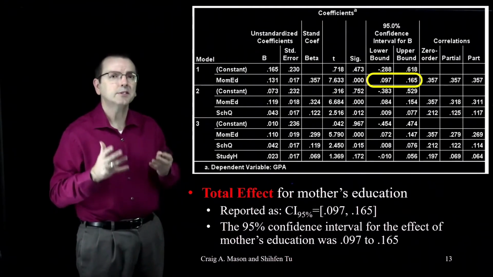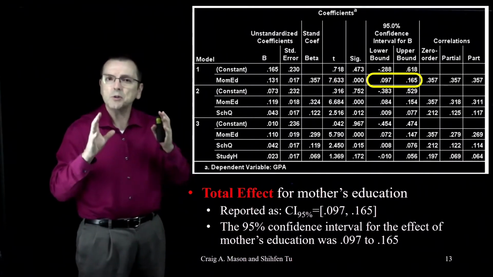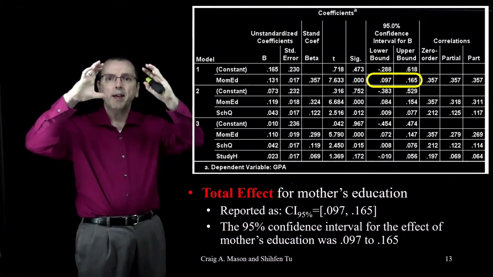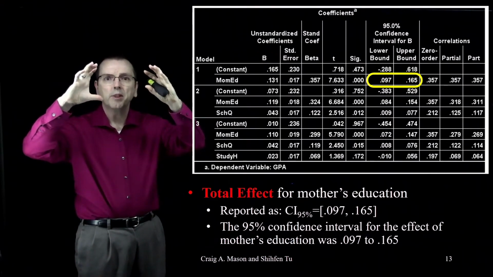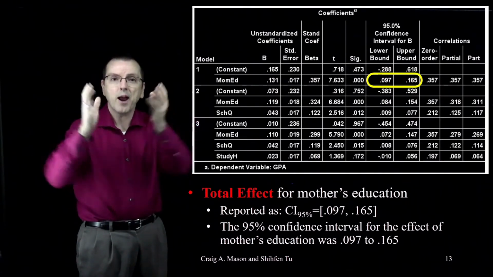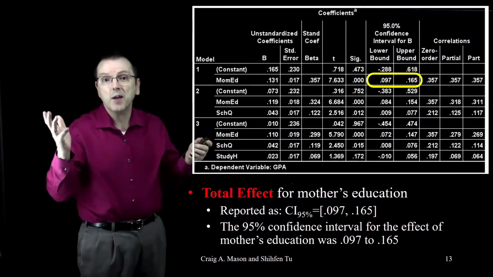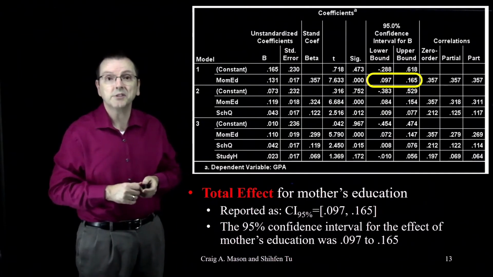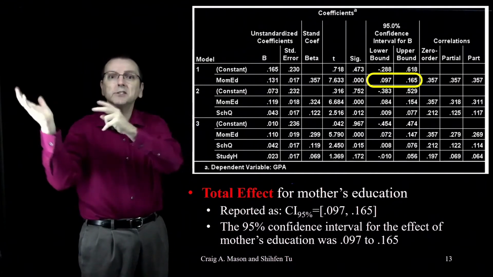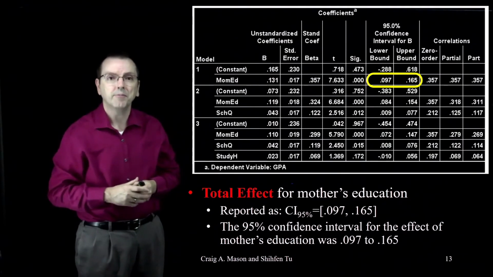Now, as I noted, some will include the confidence interval in the coefficient table. Common notation for reporting a 95% confidence interval is to place the upper and lower limits for that confidence interval inside brackets separated by a comma, right? Other times, though, people may just report the 95% confidence interval narratively in the text, or they may put it in brackets following the test statistical results, their t and p value, all right?